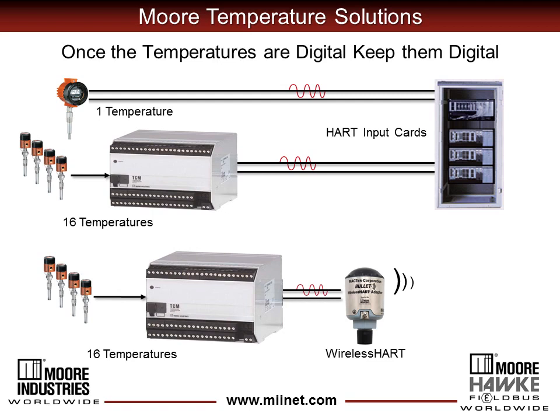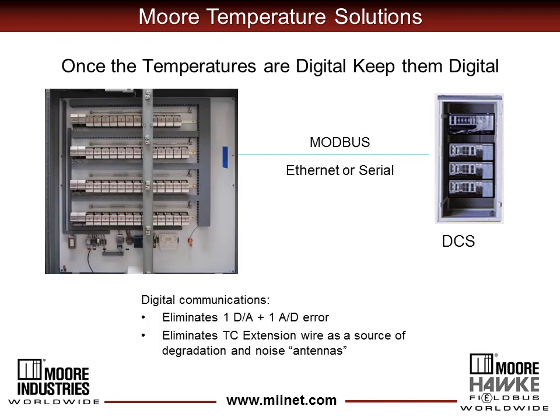And then at the receiving device, there's an analog to digital error in turning the signal back to the digital world. Using HART protocol, the digital signal is one way to avoid these conversion errors. Modbus serial or Modbus over Ethernet is another option to keep the measured value digital.